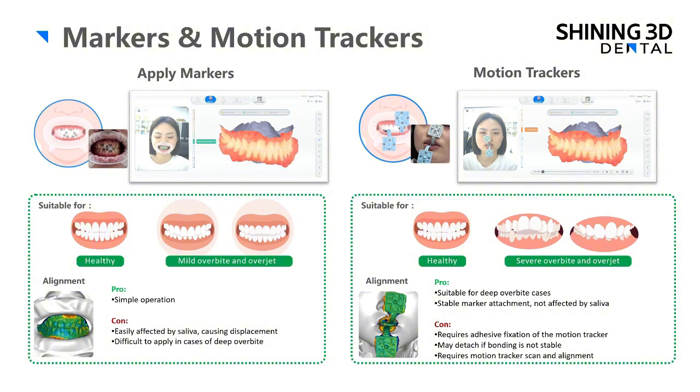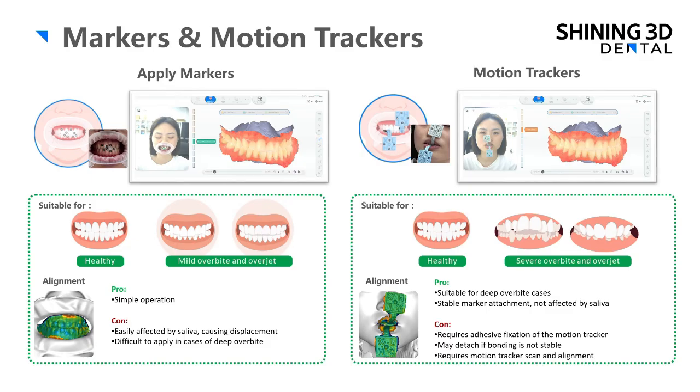The pro is simple operation, because you can directly stick the markers on the teeth surface. The drawback is that it's easily affected by the saliva, as we mentioned earlier, causing some displacement, and we need to reduce some steps, as I mentioned before. It's also difficult to apply in cases of deep overbite. So hence we have the second option here, the motion trackers.